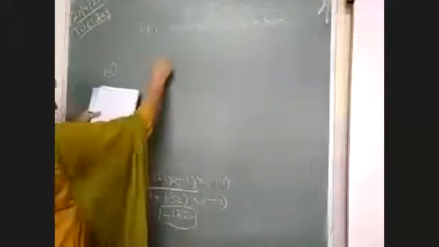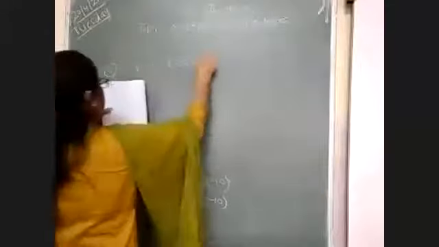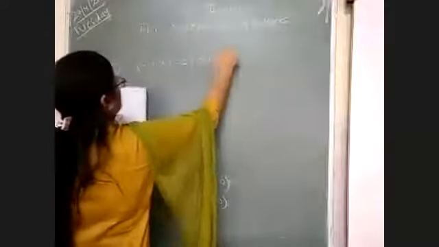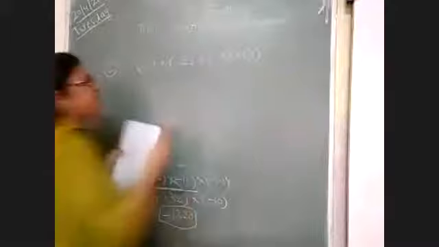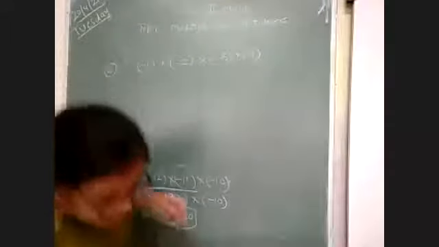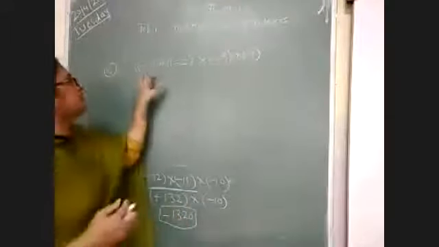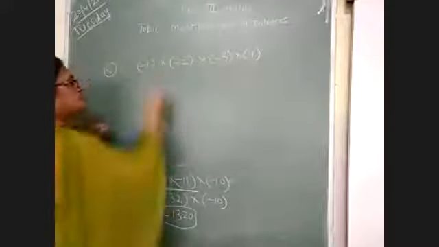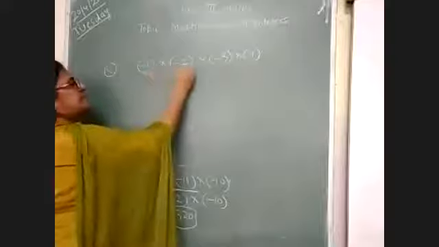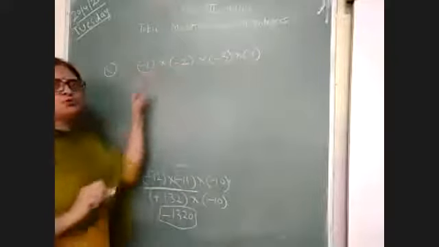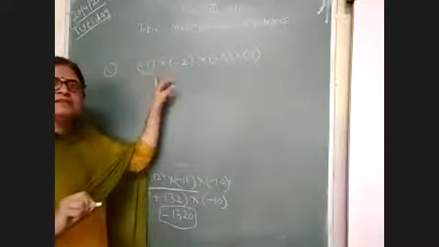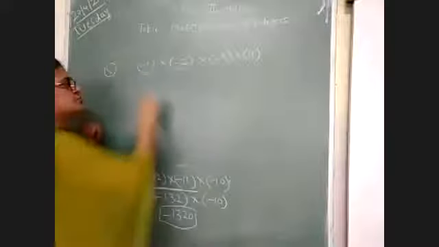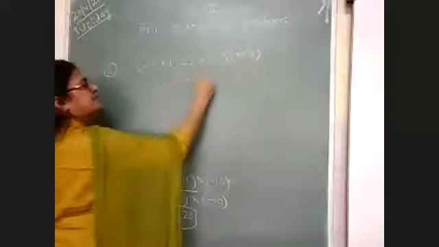When 3 or more integers are given like this, you can take the first two. You have to manage it yourself. I will multiply the first two. So -1 multiplied by -2. Two negative signs are given, so the result is positive, +2.